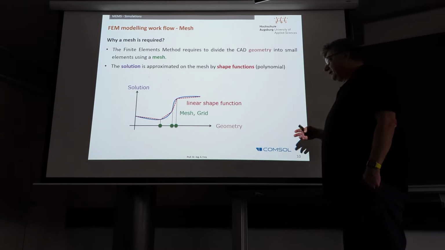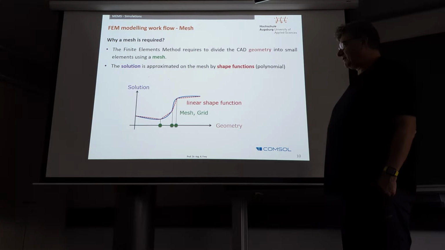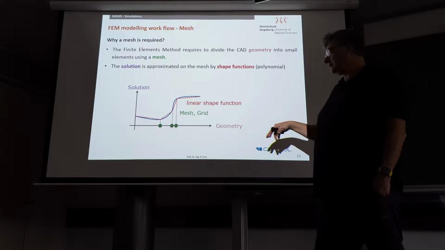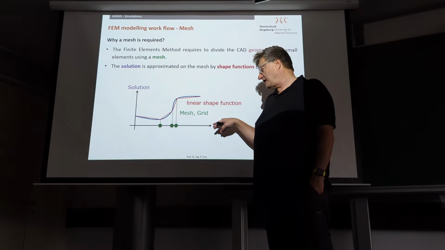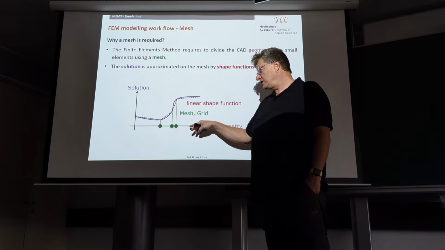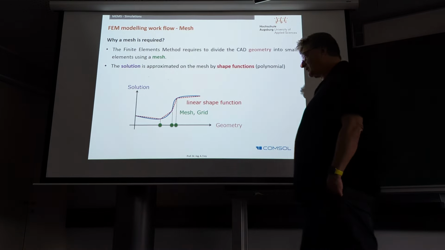Because the finite element method, the word finite element actually contains it in the name, you need to discretize your continuous geometry in so-called mesh regions, grids. There are different names for it.